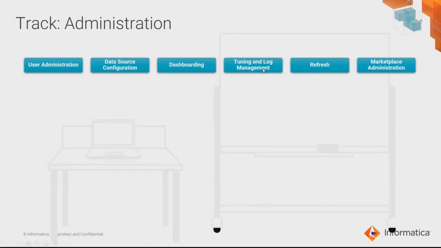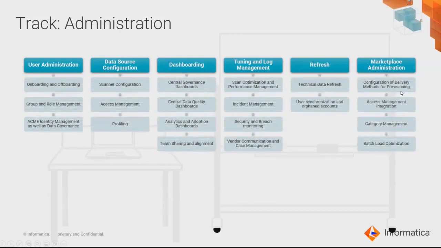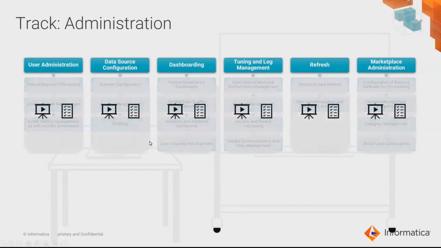So that'll be tuning, log management, troubleshooting, refresh activities, and then marketplace administration, which will be managing the marketplace, making sure that we've got the right categories and individuals assigned to those. The refresh activity is around making sure that, as you update data lakes and your raw data sources, you are refreshing that data on a regular basis.